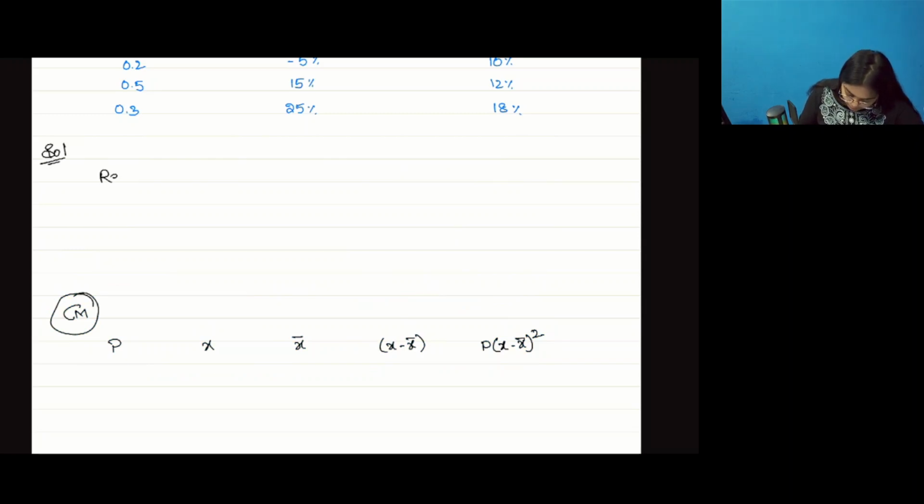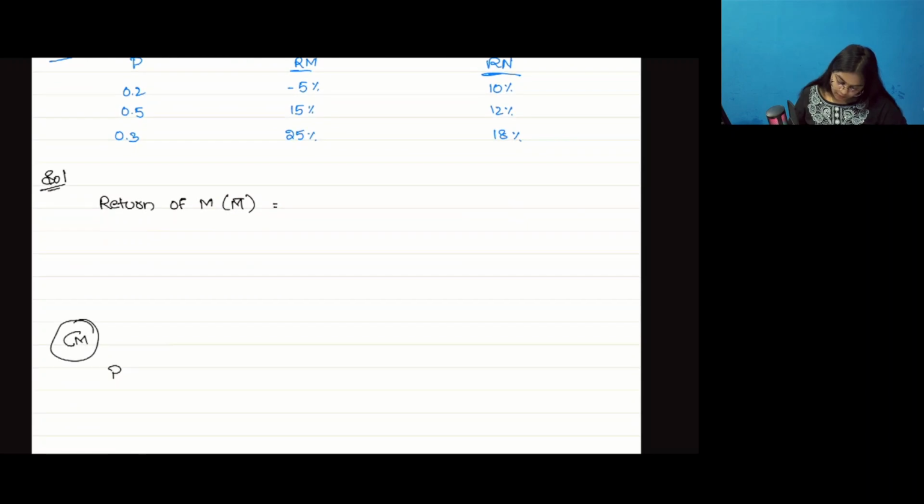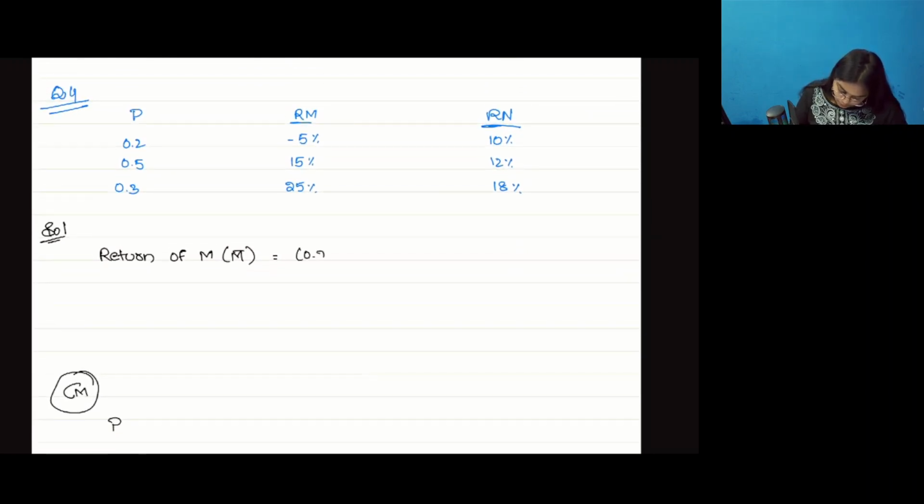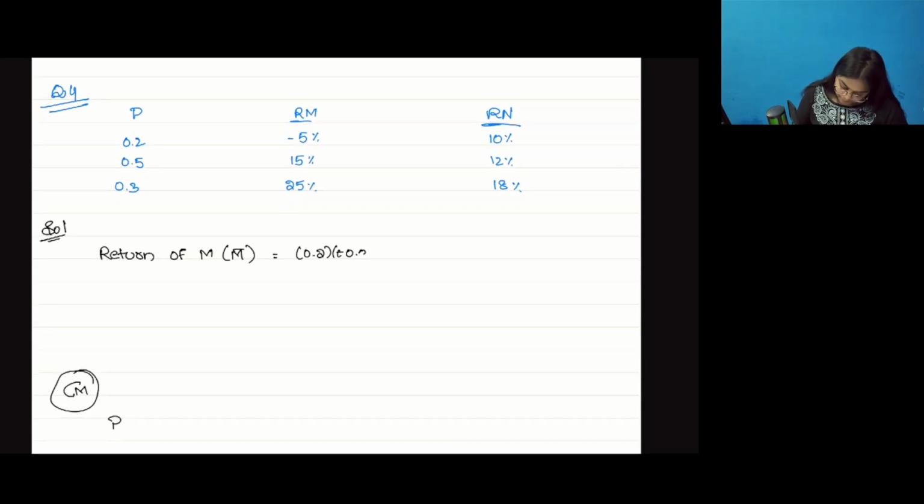Solution: return of m, that is m bar, equals 0.2 into minus 5 plus 0.5 into 15 plus 0.3 into 25, which is minus 1 plus 7.5 plus 7.5, equal to 14%.